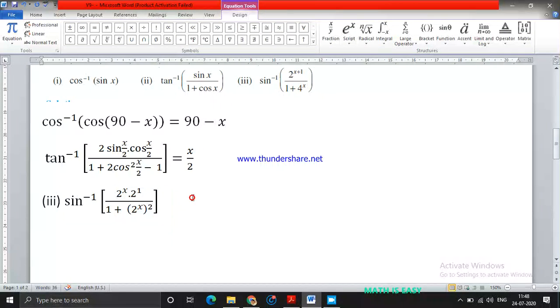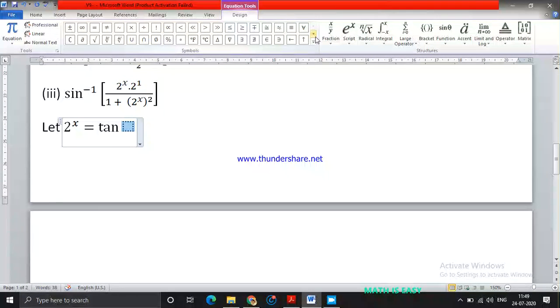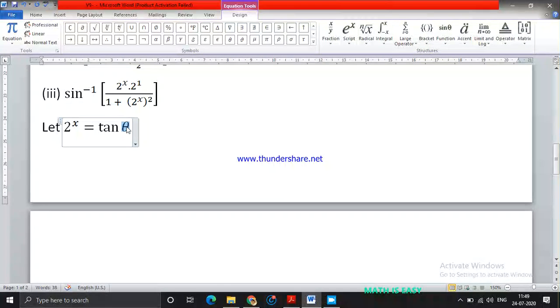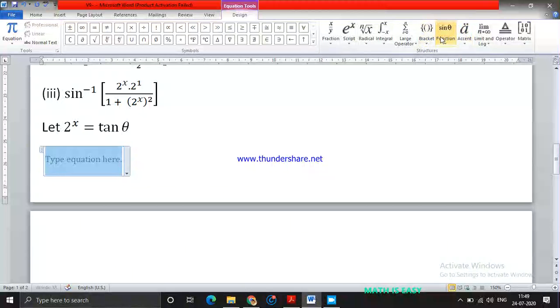Now after rewriting this, what I do is I'll let 2 power x equal to tan theta. So if I replace 2 power x with tan theta, let's see how the equation is going to change. You will get sine inverse in the bracket.